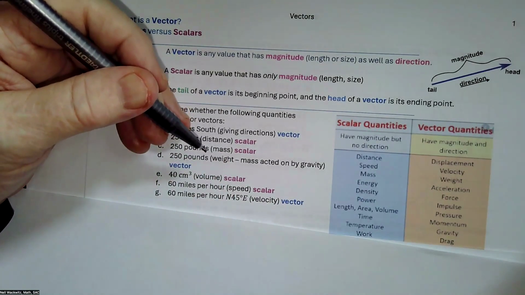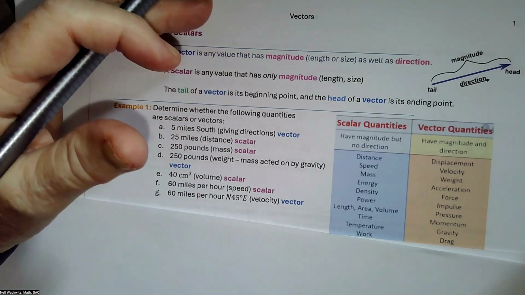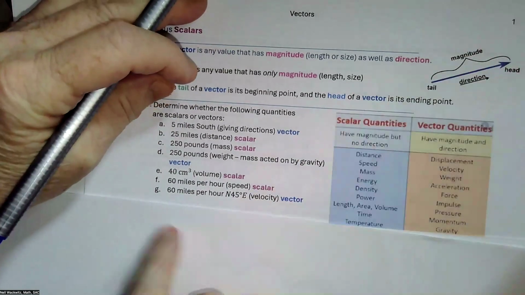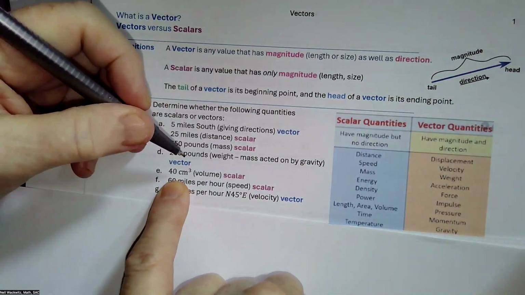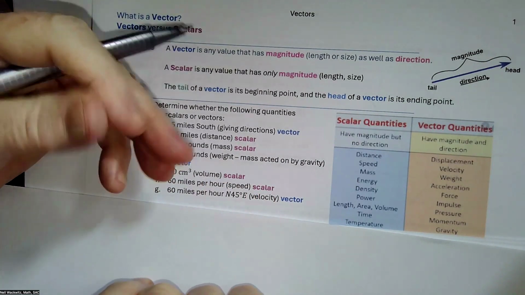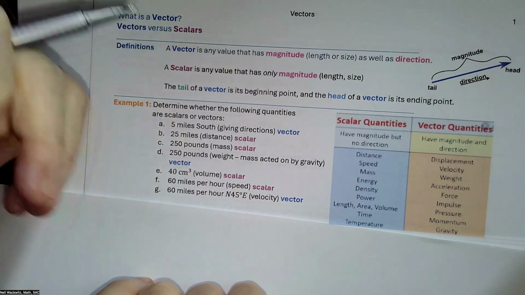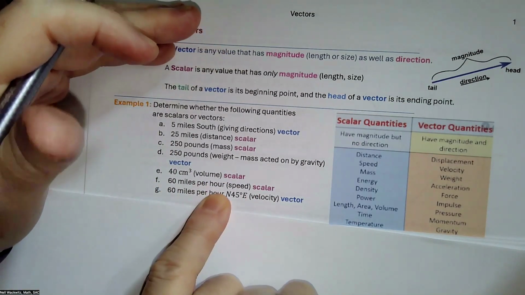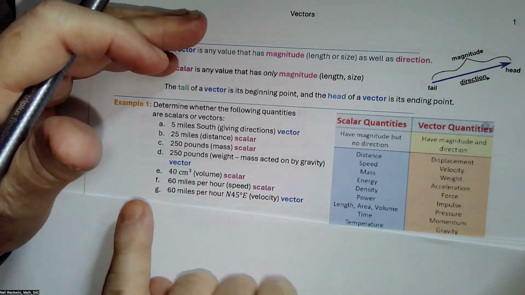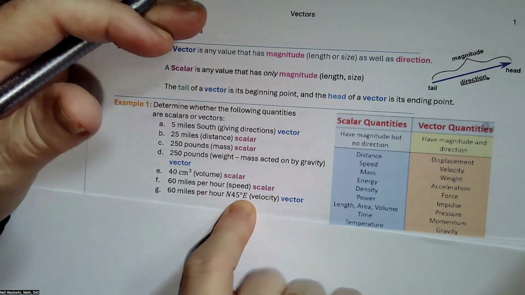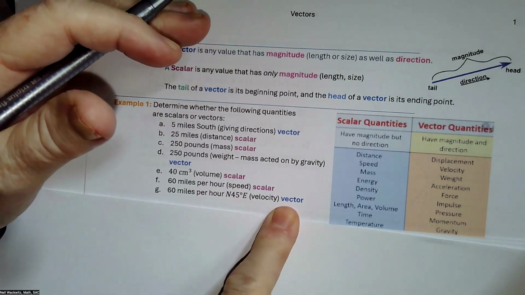In metric units, they're different, and that makes it easier. Volume is a scalar. And I can't think of an example of volume with a distance or direction. 60 miles per hour is a scalar, but 60 miles per hour north, 45 degrees east is a vector.